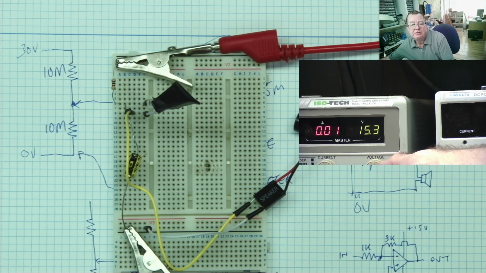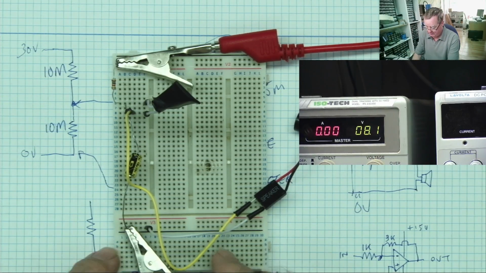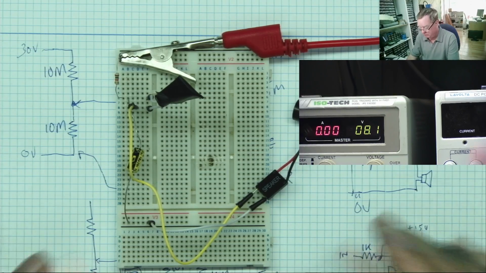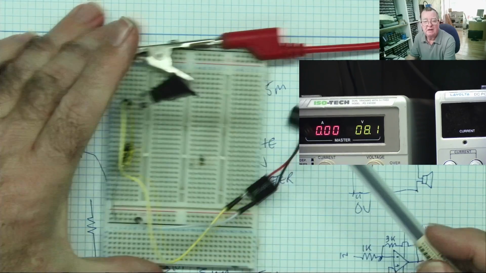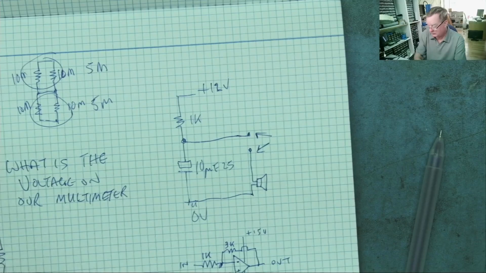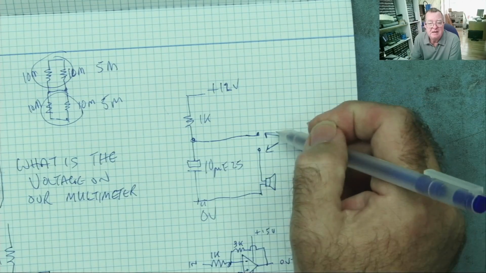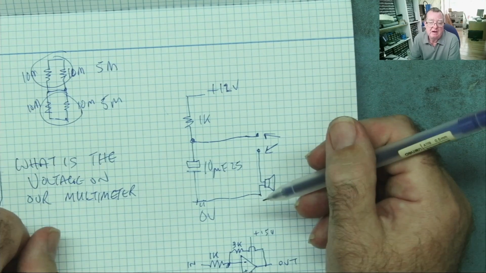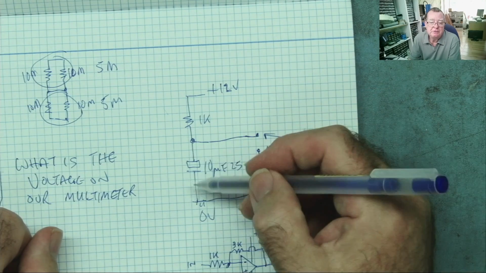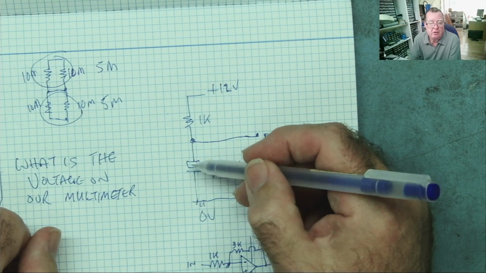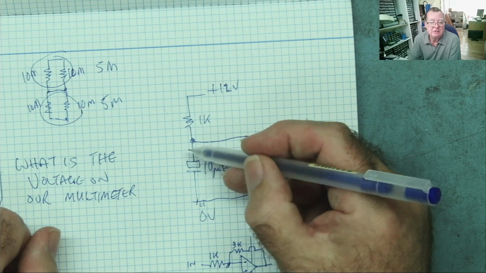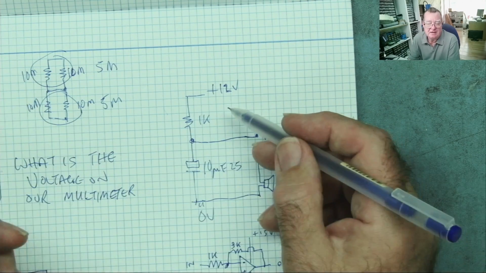And the frequency changes with the voltage, okay? So what's happening here, and that should give you a hint. For this circuit to behave in this way, we need a component here that will break down at a certain voltage. So the capacitor charges up via this 1K resistor, which takes a finite amount of time.